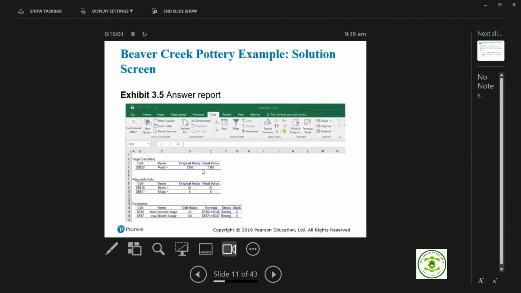Let's generate the report, 3.1. Open the Excel sheet I shared with you last year, called Exhibit 3.1. That's what we open. We have to generate this report, and I will tell you what the report means.